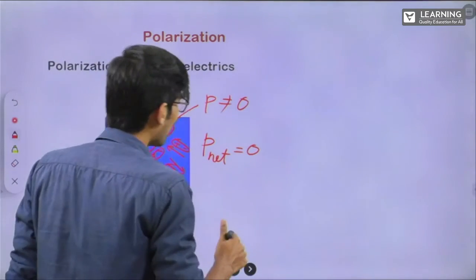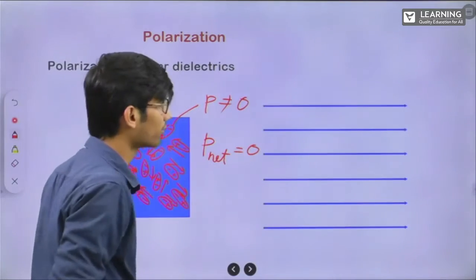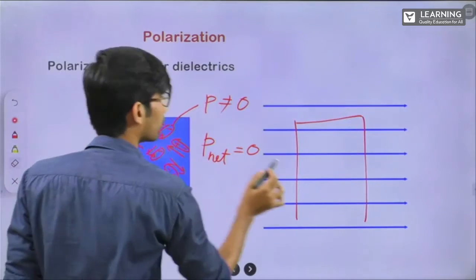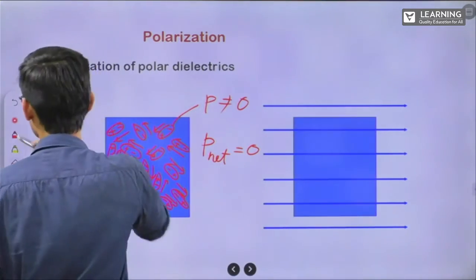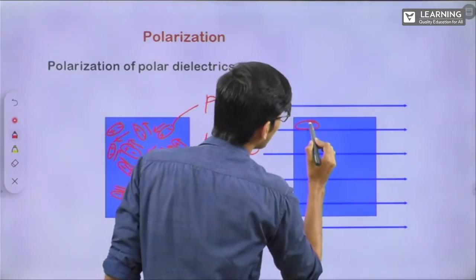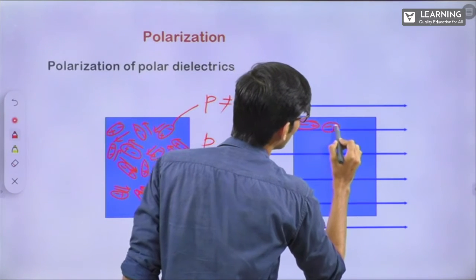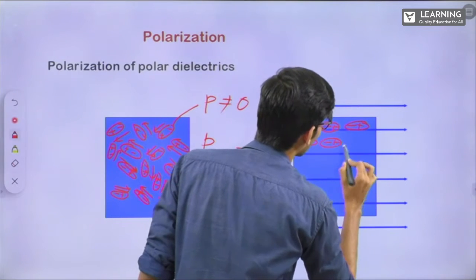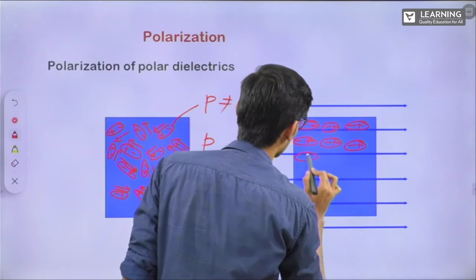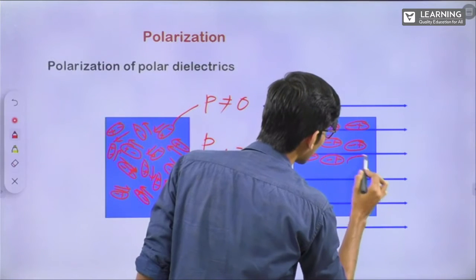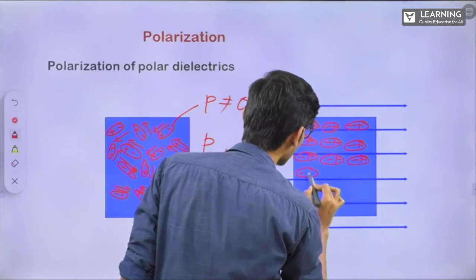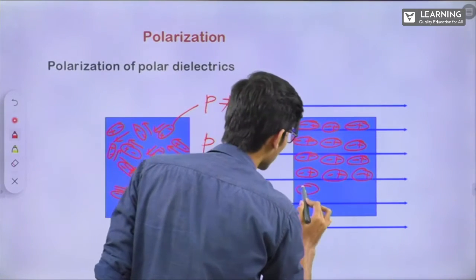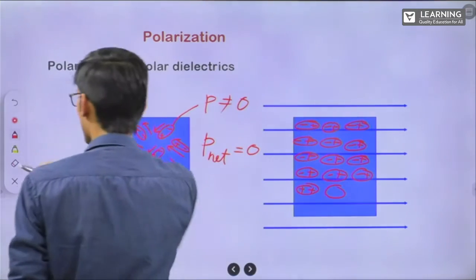Now see, once this is kept in an electric field, what will happen? Again, they will align themselves according to the electric field. In whatever alignment they were, once the electric field is on, they will align. The negative charge will move away from the electric field and positive charge will move towards the electric field.